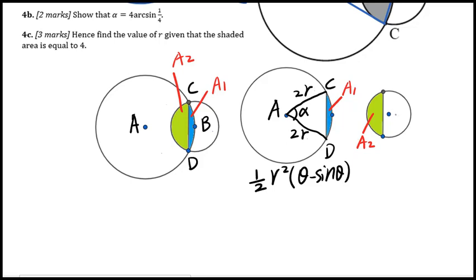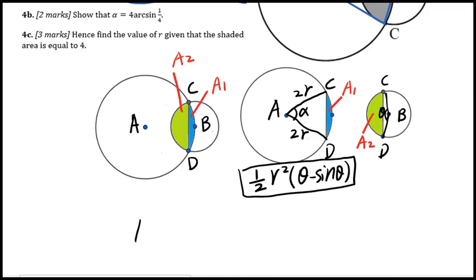And the same thing for this small circle. This is B, this is C, here's D. So we connect CB and BD. We know this angle is theta. We will use the same formula to figure out A1 and A2.